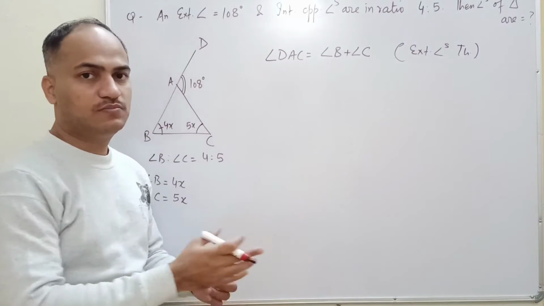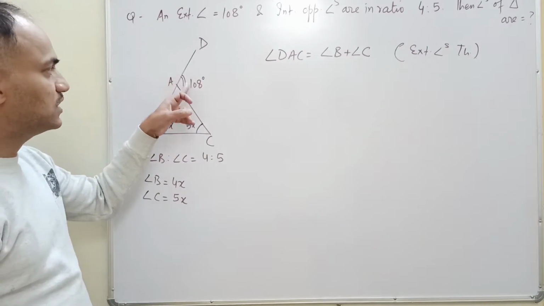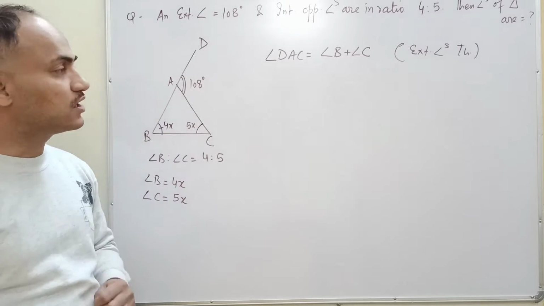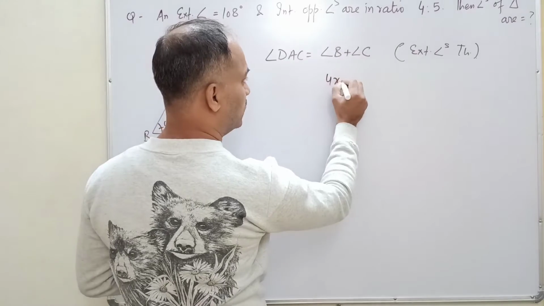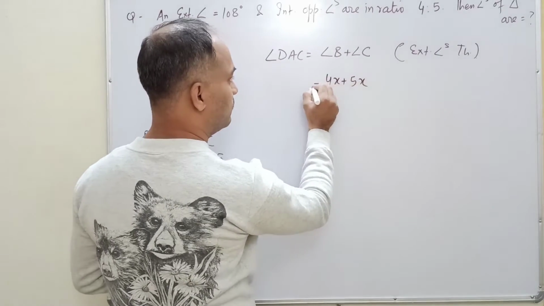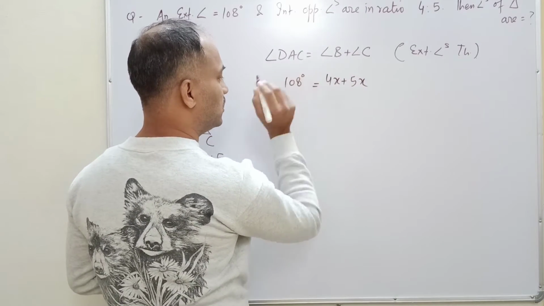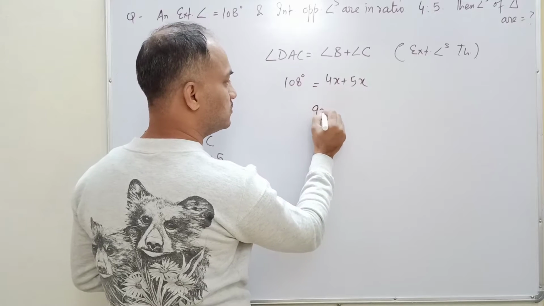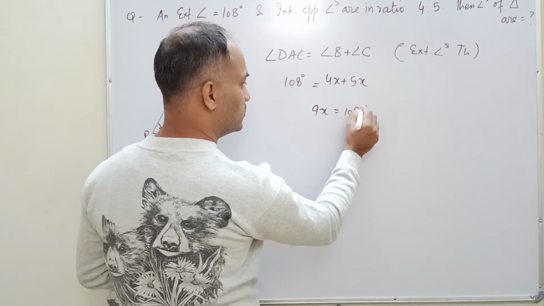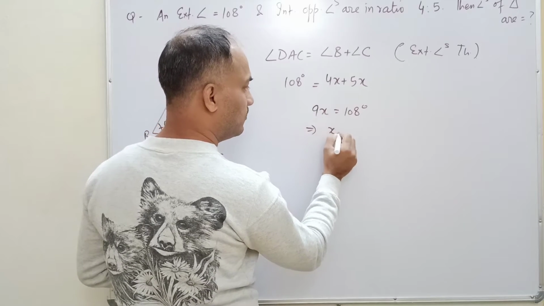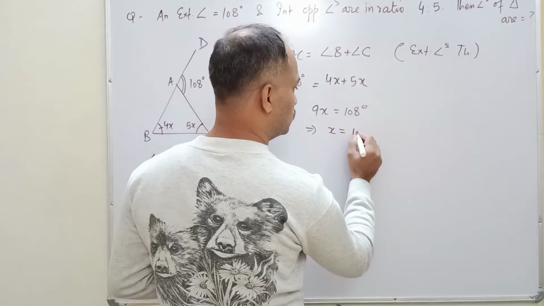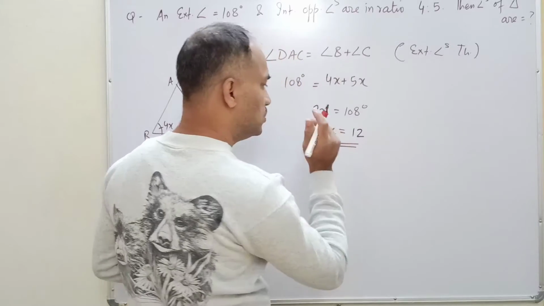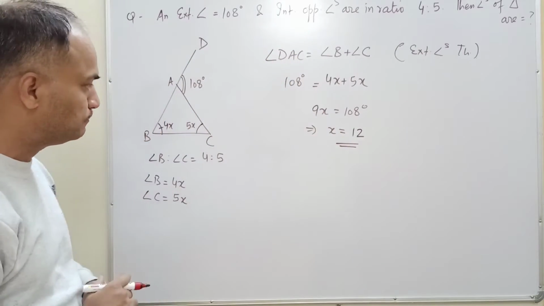Or you can write the theorem in words that this exterior angle is equal to the sum of opposite interior angles. Here the values are 4x and 5x. So 4x plus 5x will be equal to 108 degrees. So 9x is 108. On dividing by 9, what we get? 12. So the value of x is 12.